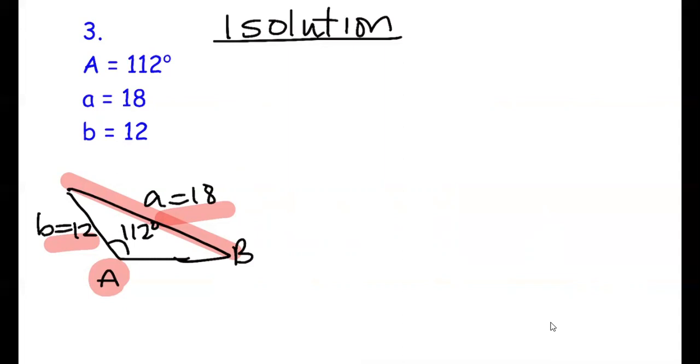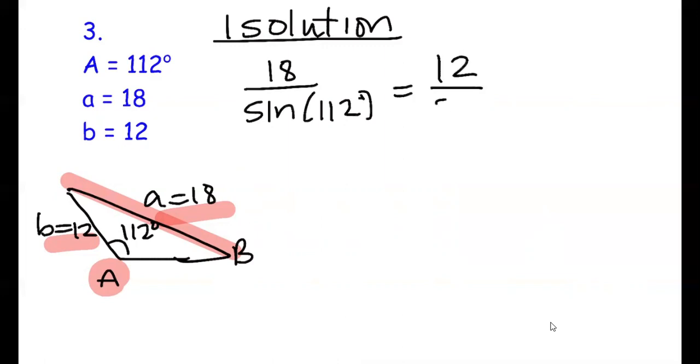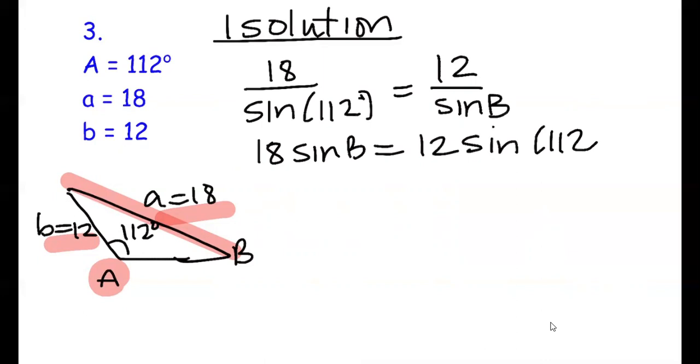Let's do our A pairing. So 18 over the sine of 112 degrees equals 12 over the sine of angle B. And we'll just go through and solve it like we normally would. Let's cross multiply. So 18 times the sine of B equals 12 times the sine of 112 degrees. Divide by 18.